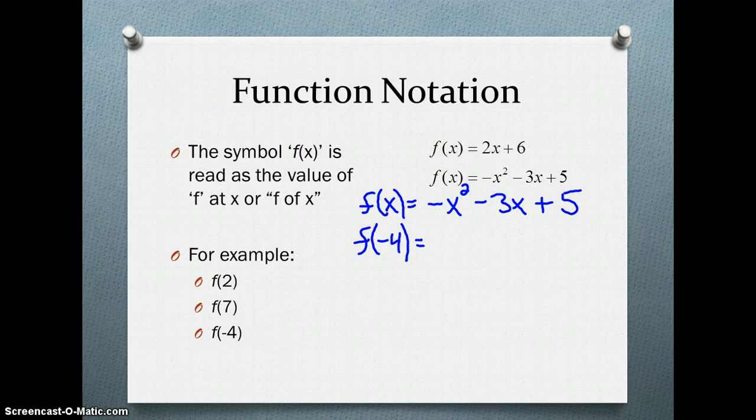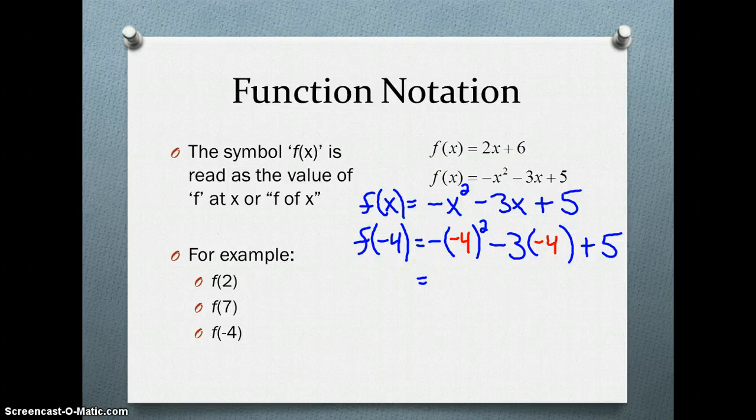So now everywhere we see x, we substitute negative 4. So right now I have the opposite of negative 4 squared minus 3 times negative 4 plus 5.